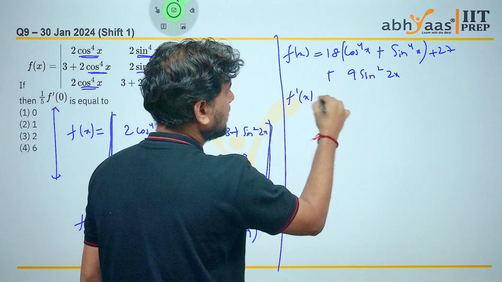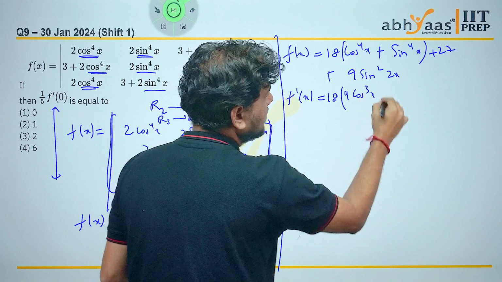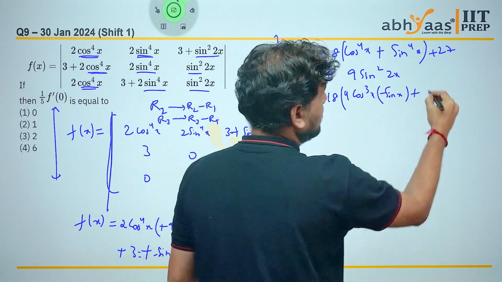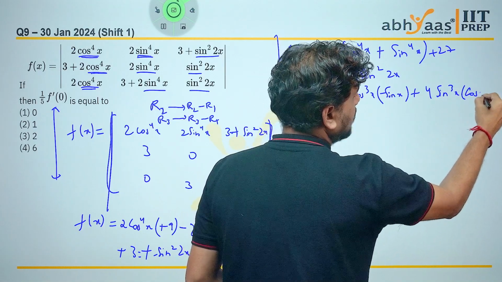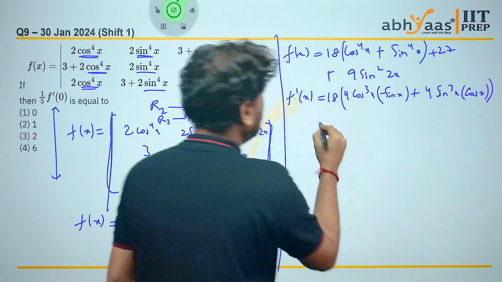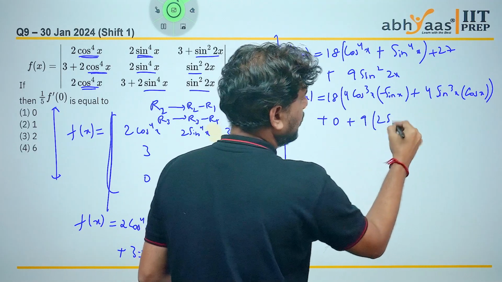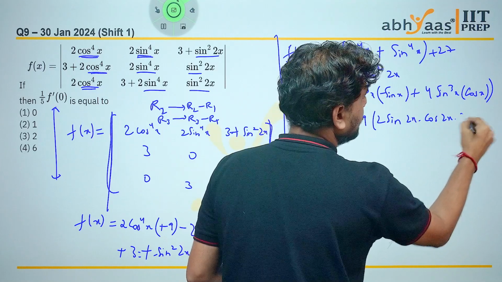So f dash of x equals 18 times 4 cos cube x into minus sin x plus 4 sin cube x into cos x plus 0 plus 9 into 2 sin 2x into cos 2x into 2.